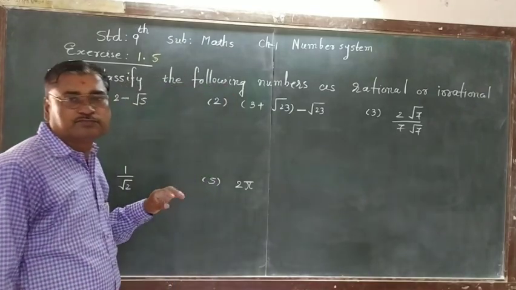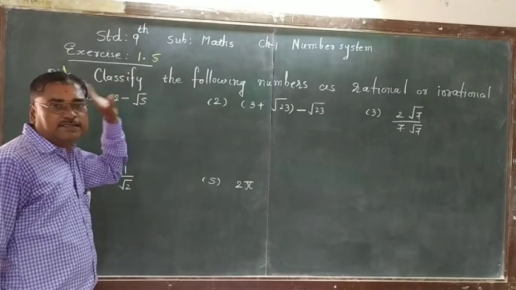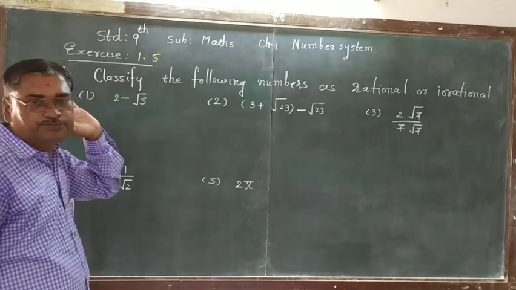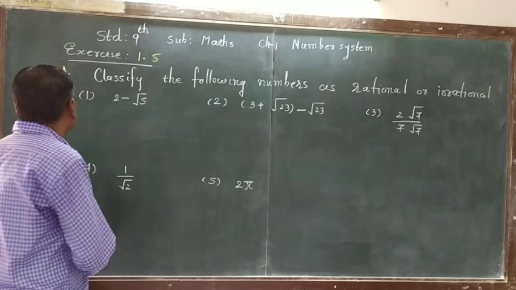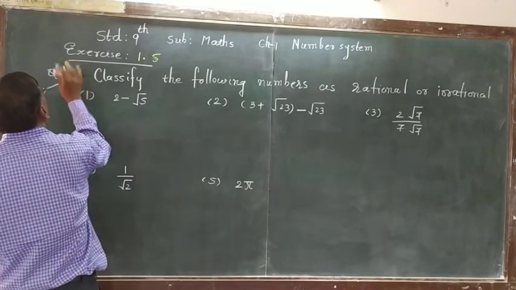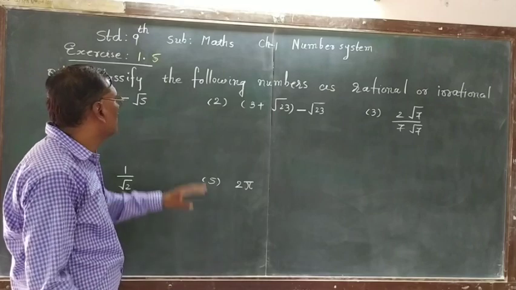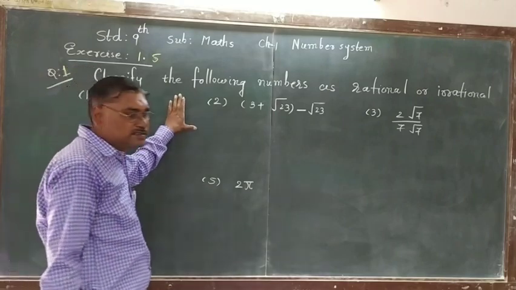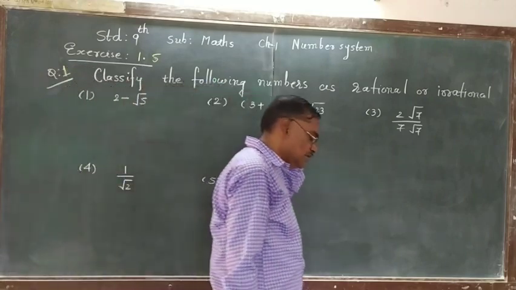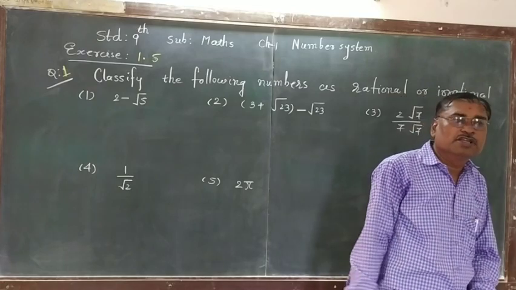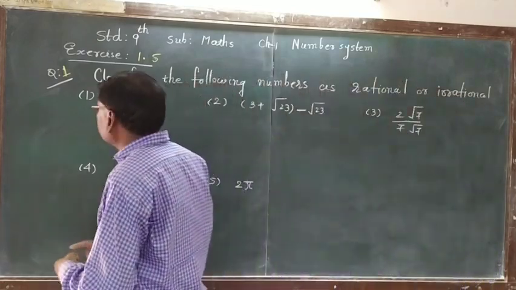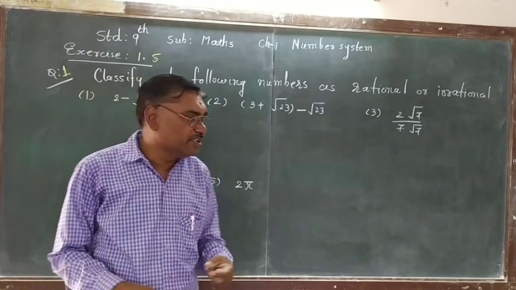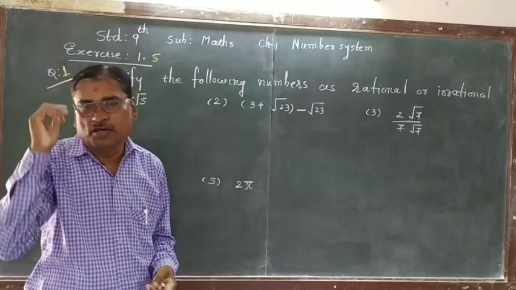Now the next exercise, 1.5, question 1. We have to classify the following numbers as rational or irrational. We have already discussed in exercise 1.1 what is a rational number and what is an irrational number.